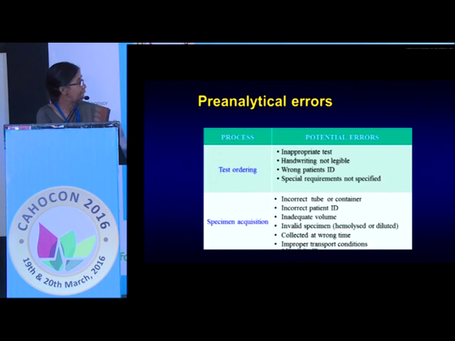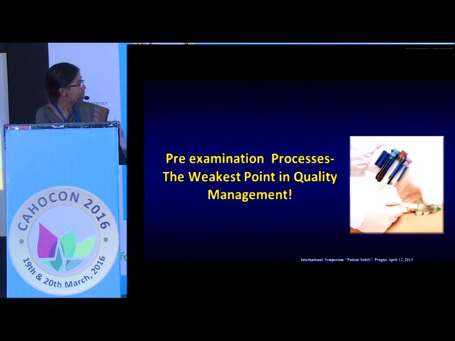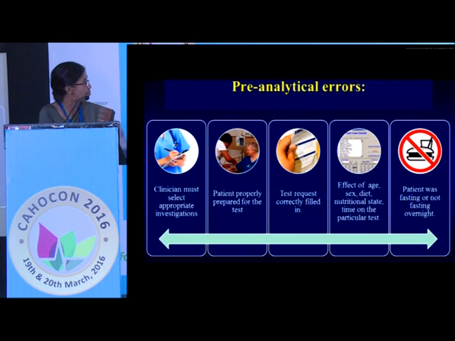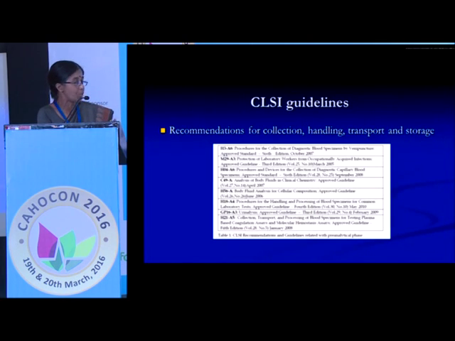So there are umpteen number of pre-analytical errors, and we do realize, based on these examples that I highlighted, that the pre-examination process is the weakest point in the quality management system, and we need to take a lot of effort to address them. So there are several of them that I brought out.